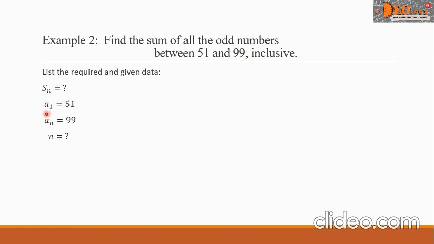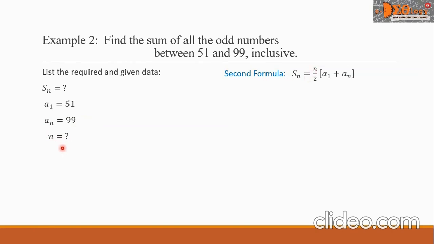The first term is 51. The a sub n, this is the last term, equals 99. The n, the number of terms, is not specified in the problem. So still this is a question mark. We can use the second formula because in here the given is the first term and the last term. However, we don't have the n.